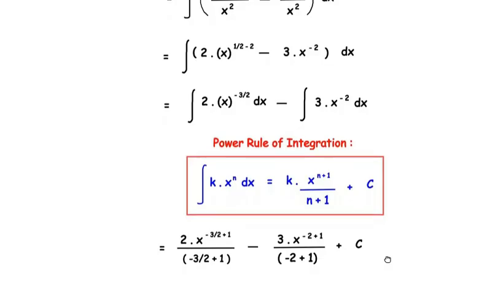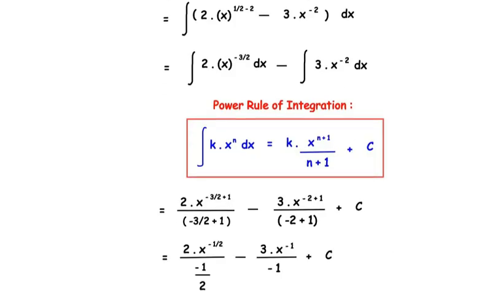Now simplifying this further, we get 2 times x to the power of minus 3 over 2 plus 1, which gives us minus 1 over 2, divided by minus 3 over 2 plus 1, which gives us minus 1 over 2, minus 3 times x to the power of minus 2 plus 1, which gives us minus 1, over minus 1, plus c.